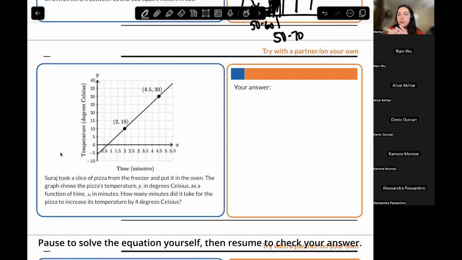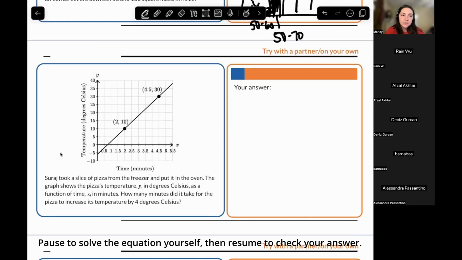How do we think we would start something like this? Anyone can raise their hand. Barnabas, how did you start this question, or what was your first instinct?